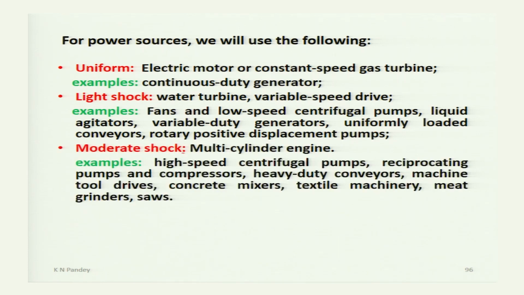Moderate shock: the multi-cylinder engine. If the engine is a multi-cylinder engine, then it will be under the moderate shock category. Examples: high speed centrifugal pumps, reciprocating pumps, compressors, heavy duty conveyors, machine tool drives, concrete mixers, textile machinery, meat grinding saws.